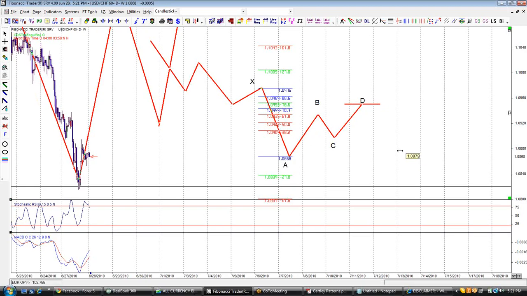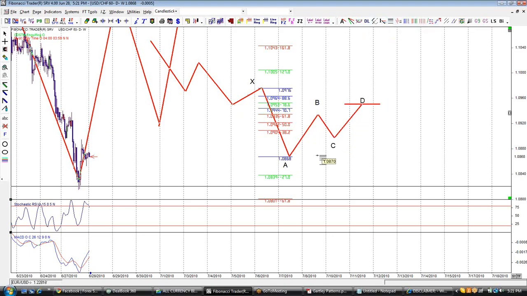Now, let's say you're an intraday trader and you saw this bullish trend here from A to B, and then you were planning on buying C because you knew that price is going up for the intraday.